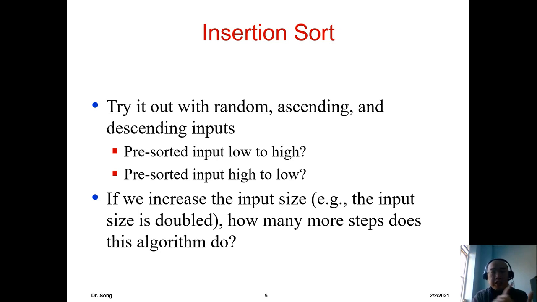We don't shift any values, right? So if we double the size, for example, we just need to double the number of checks, but we don't have to shift any values. So for the best case, doubling the input size is not terrible. But how about the worst case?